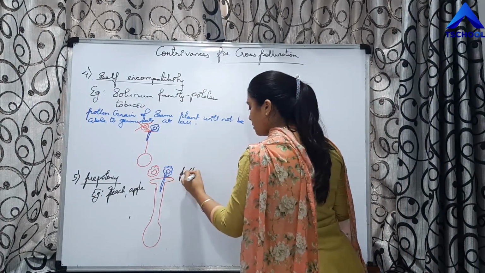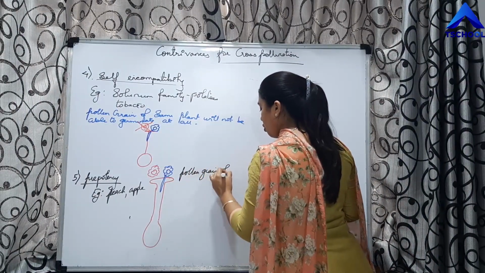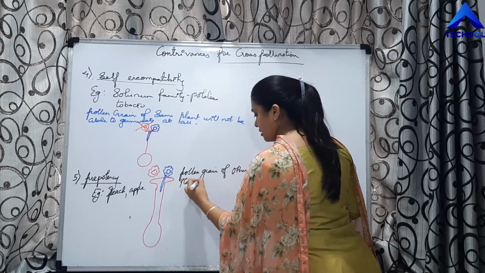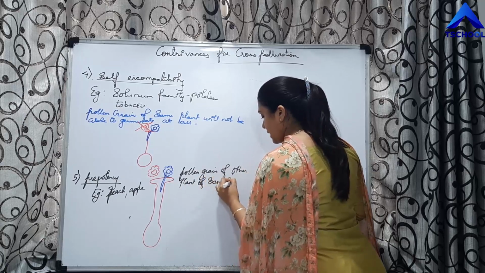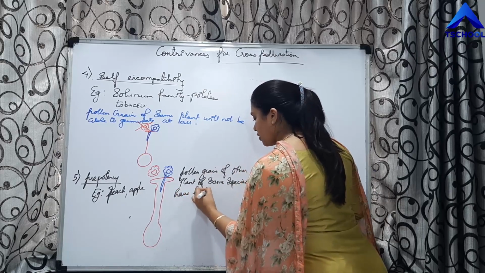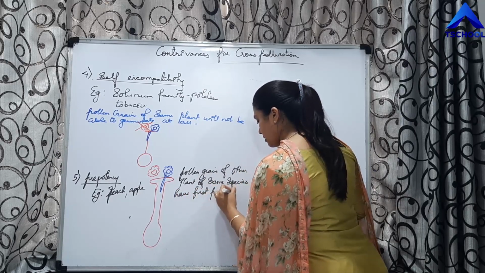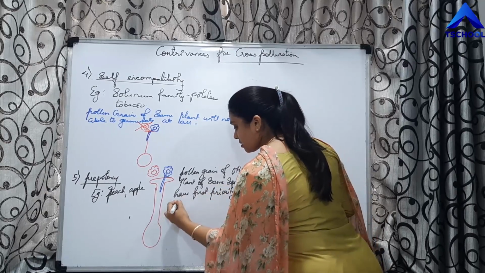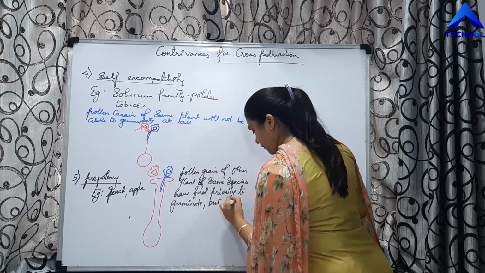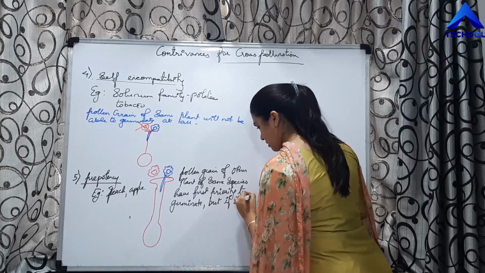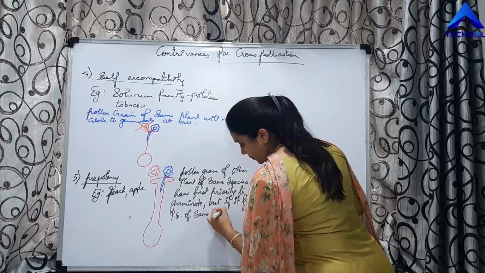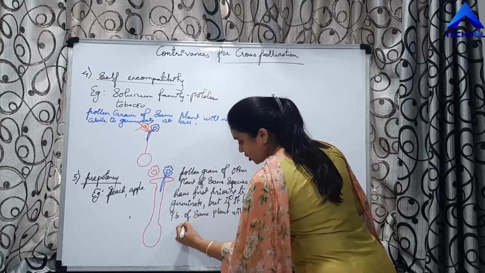The pollen grain of the other plant of the same species has the first priority to germinate, but if it fails, then the pollen grain of the same plant will germinate.